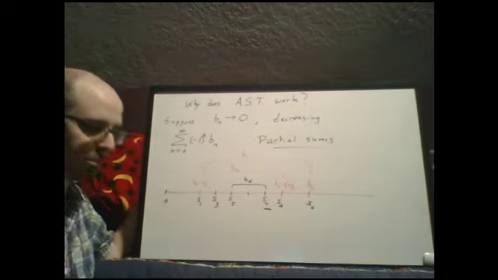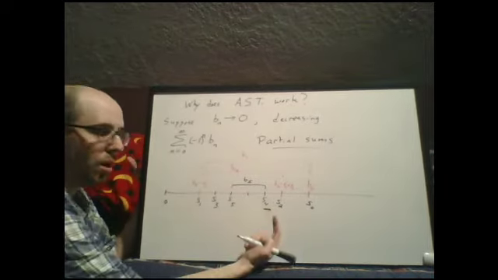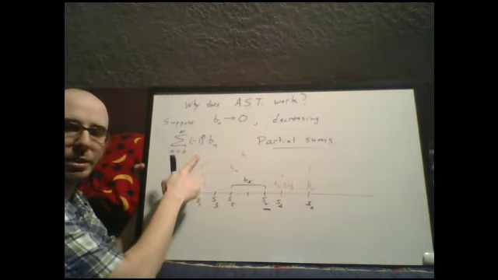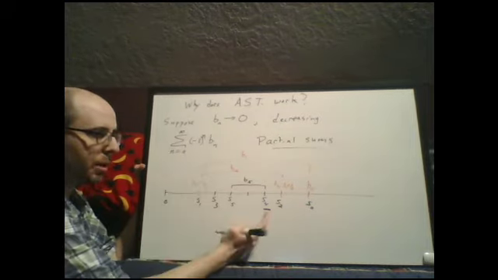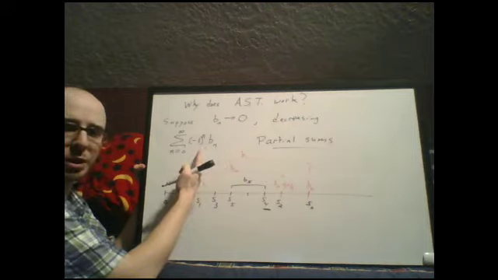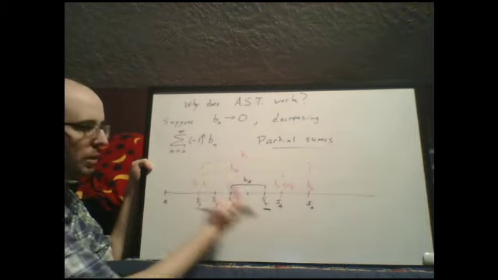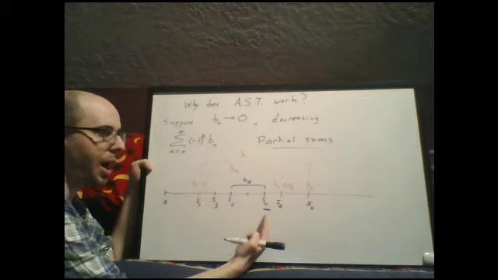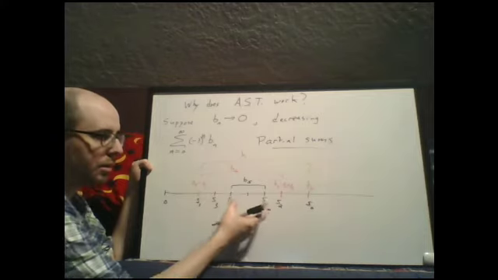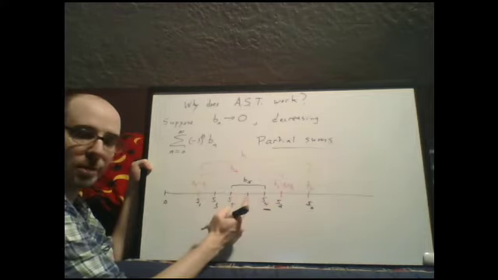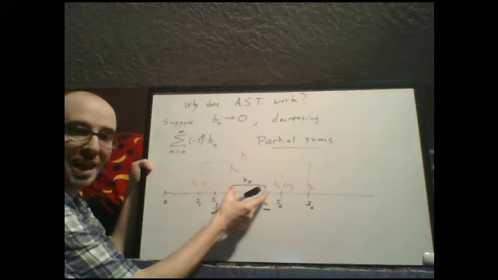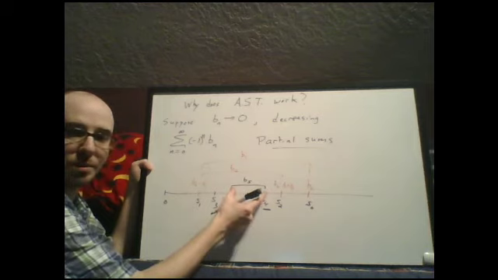So what that tells me is if I tried to approximate the value of this infinite series by just adding up the first four terms, or from 0 to 4, so I took S4, I would know that the farthest I could be from the answer would be the next term in my sequence, B5.